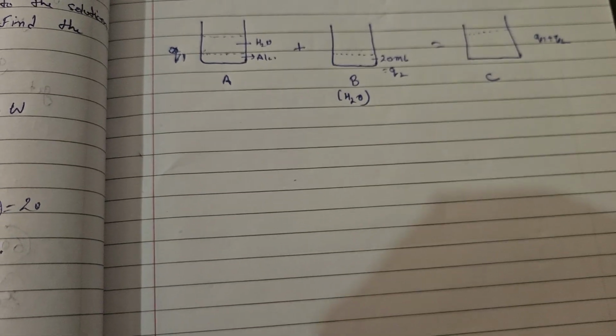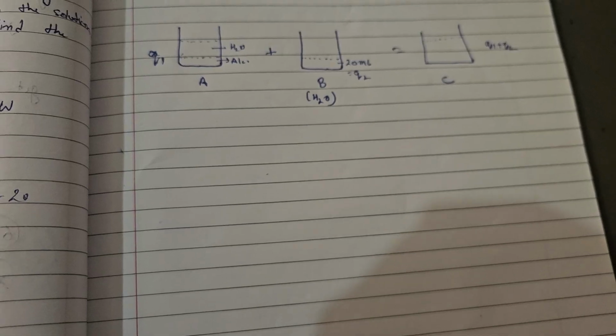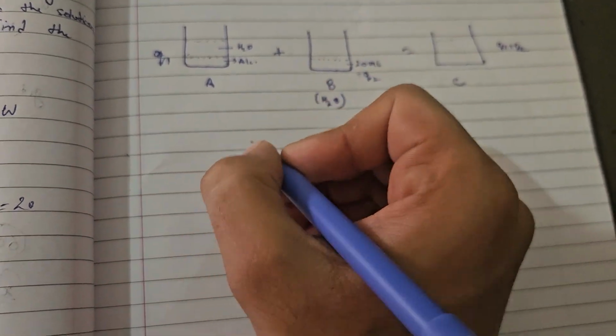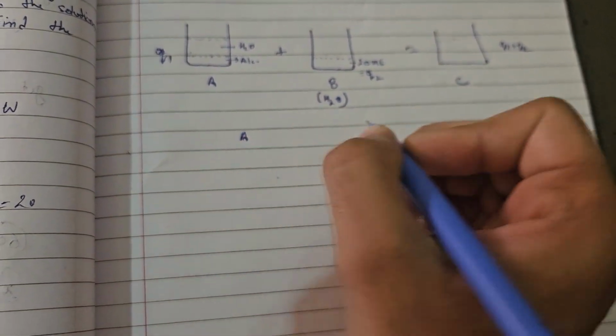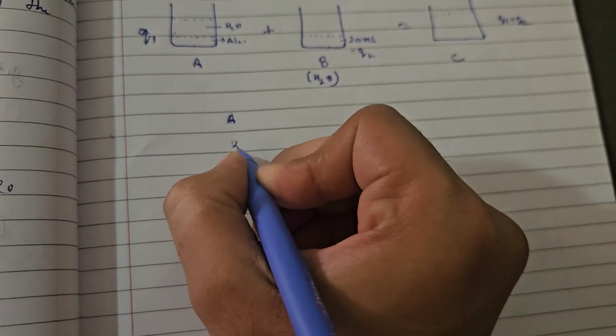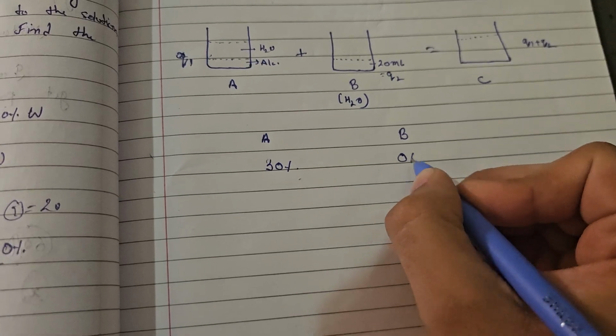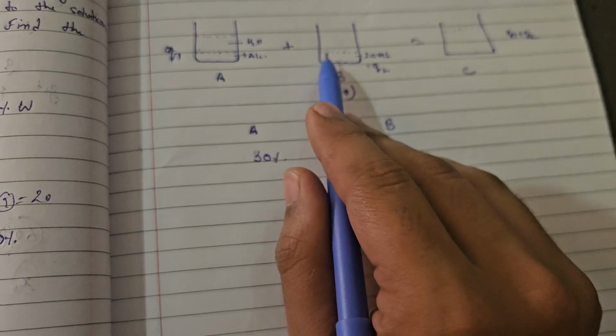Now what we need to do is, we basically need to write the concentration of alcohols. Okay, so I have container A, I have container B. Concentration of alcohol in container A is 30%. In container B it is 0%, right? There is no alcohol in container B, it's only water.